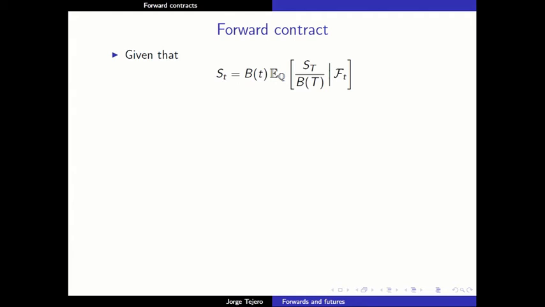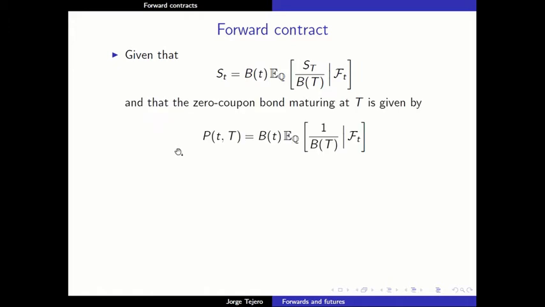Remember that values of financial assets discounted by the bank account are martingales under the risk neutral measure, and thus for any asset we have that the value at little t satisfies this equation over here.